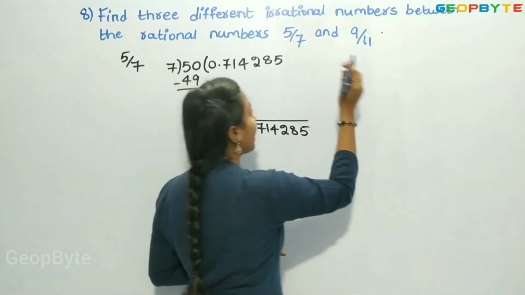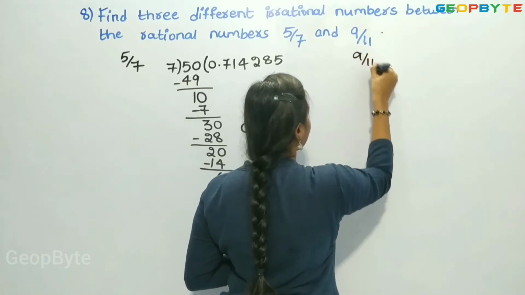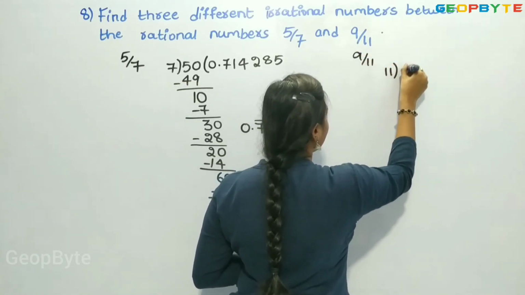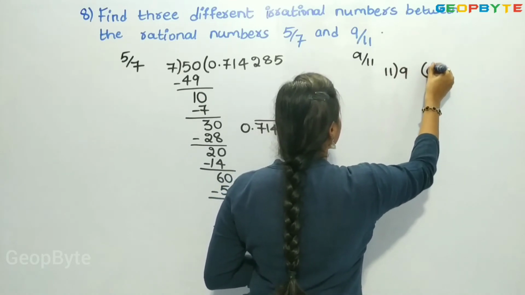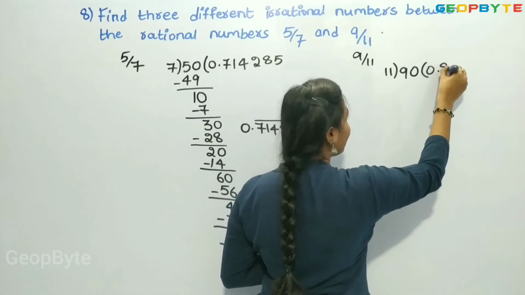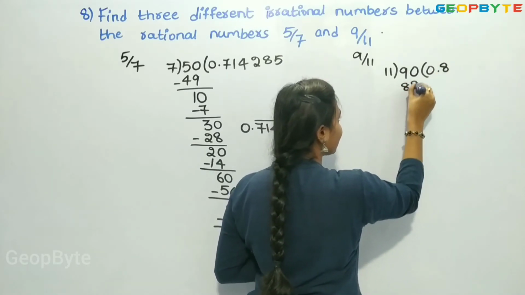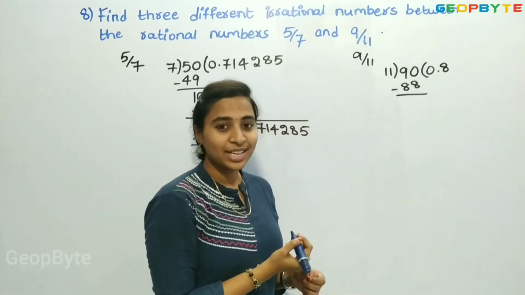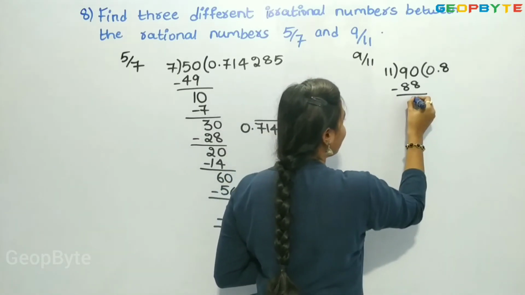Now let us do 9 by 11. 11, 9, 0.0, 11 eighths are 88. 90 minus 88, 2.